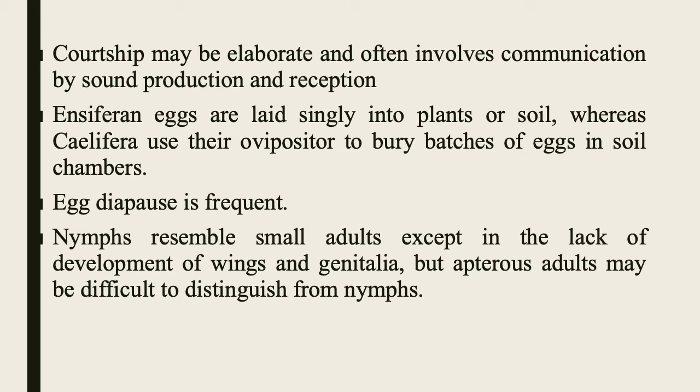Their nymphs resemble small adults except in the lack of development of wings and maturity of genitalia. But the apterous adults, apterous means the adults without wings, may be difficult to distinguish from nymphs because the nymphs resemble the adults in form.